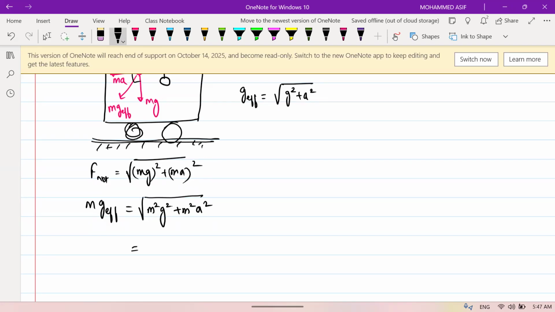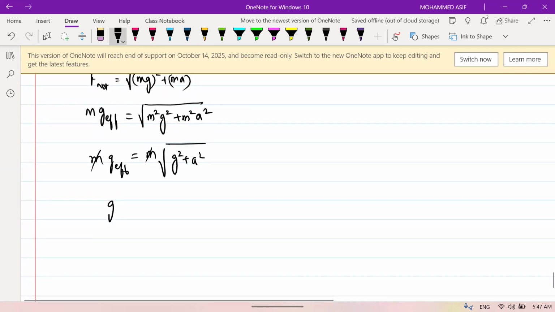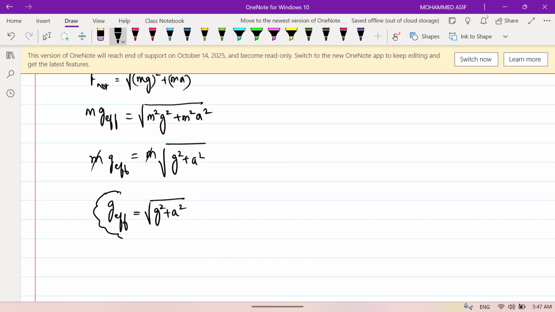So from this one, if I take M square out, it will be M under root of G square plus A square. It is your M into G effective. This M will get cancelled. So G effective will be equal to how much? G effective is equal to under root of G square plus A square. This is your G effective for the truck.